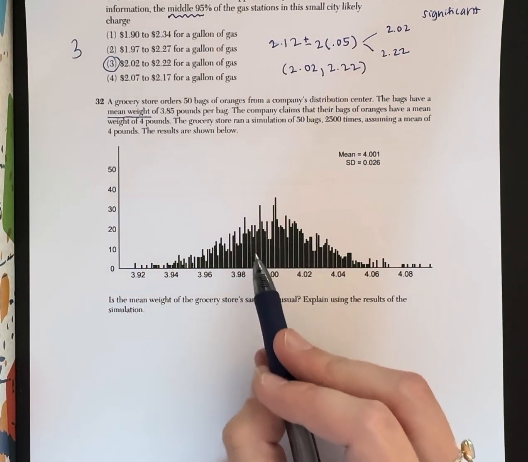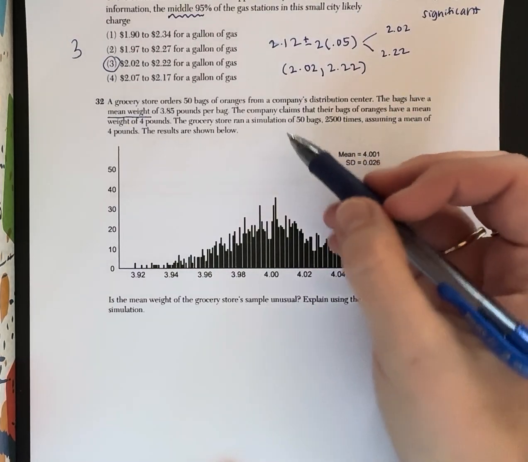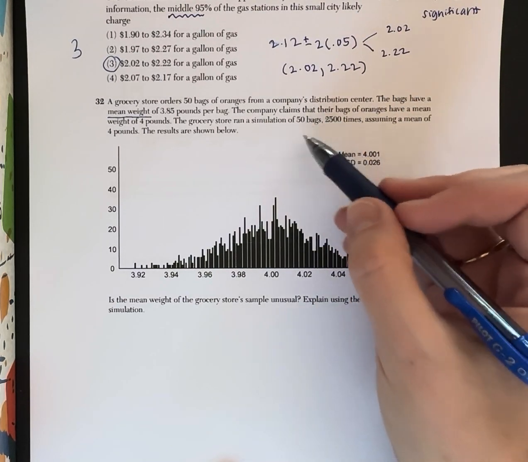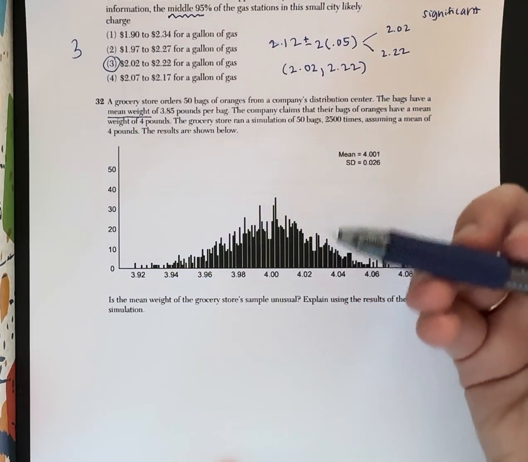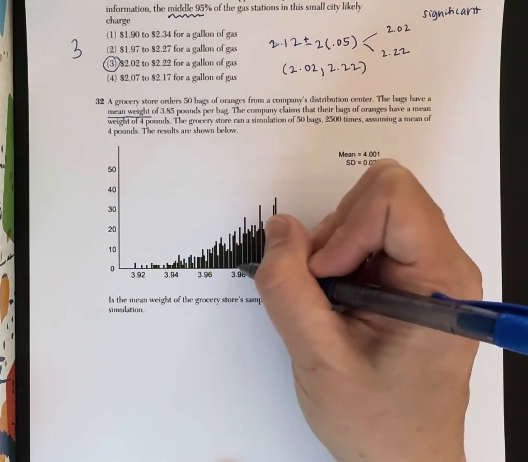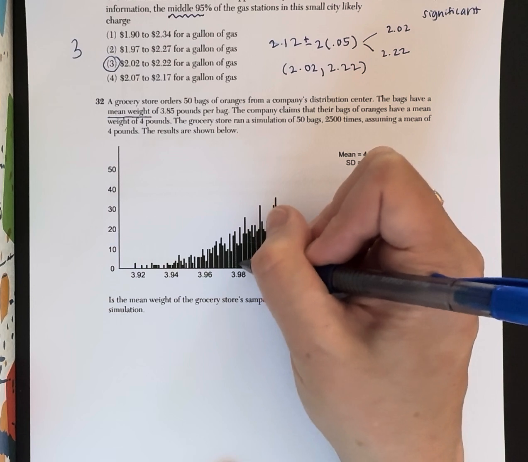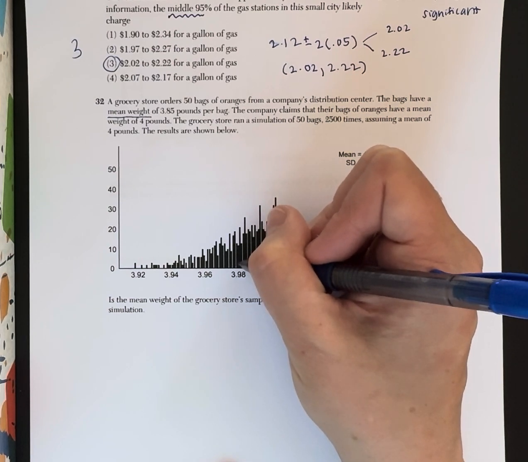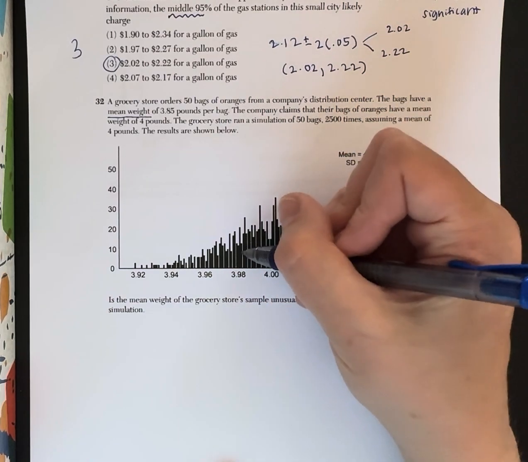So all of these bars represent how many times they got a certain mean after simulating weighing 50 bags. It pretended it weighed 50 bags, got a mean, and then plotted a point. And then if it got that mean again, like 3.98, it would plot another point at 3.98, making the bar even higher.